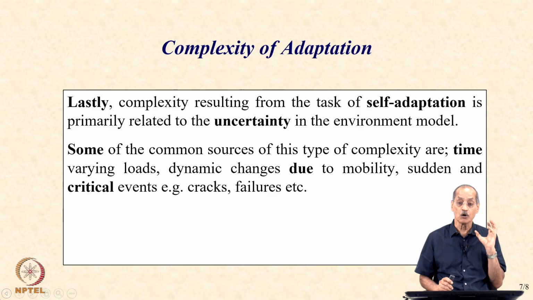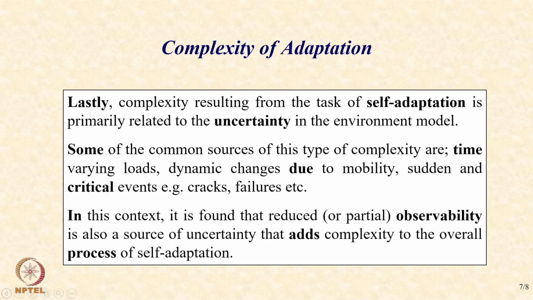So, all these will bring in complexity in our ability to adapt to a changing scenario, and generally we find that reduced or partial observability also will create a problem in the form of uncertainty, which means if there are some sensors which do not exist and that information is not available, we will have a problem.